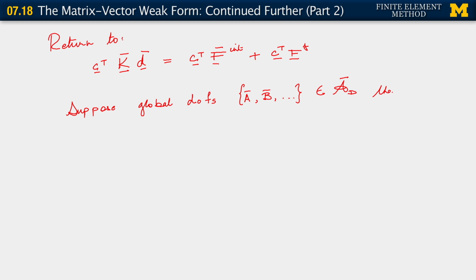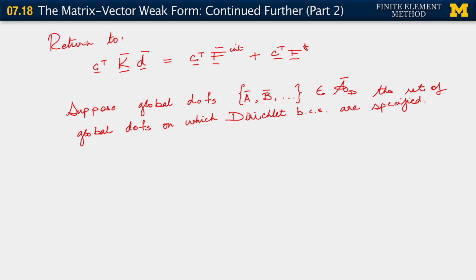This is the set of global degrees of freedom on which Dirichlet boundary conditions are specified. Okay.